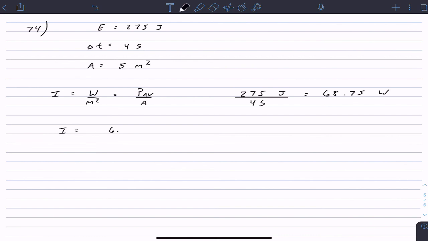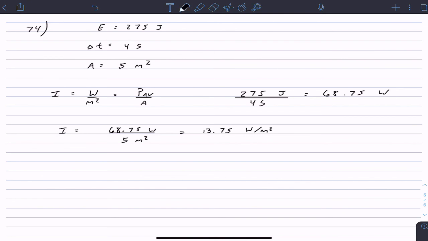So then we plug this in. We take 68.75 watts over the area that we are affecting, and that gives us a value of 13.75 watts per meter squared. So that answers the intensity of the sound at that location.